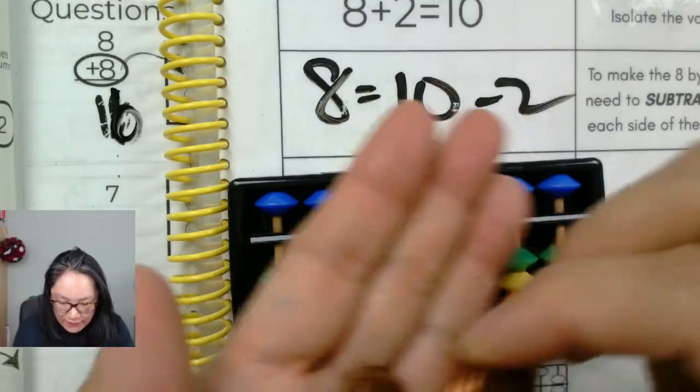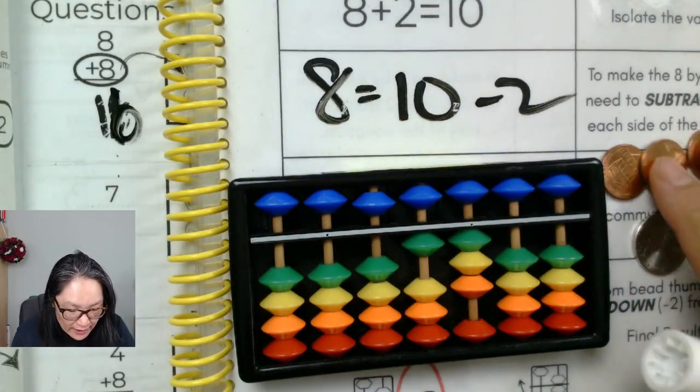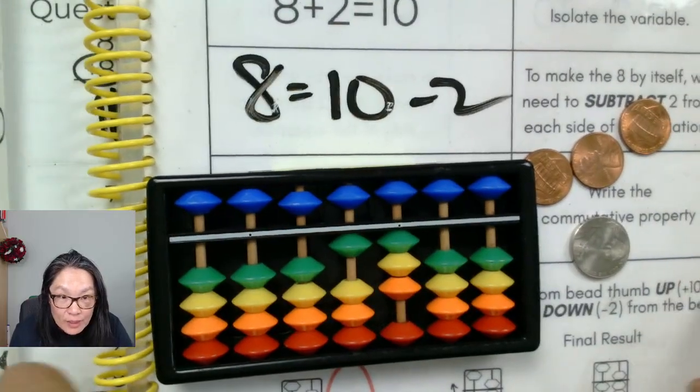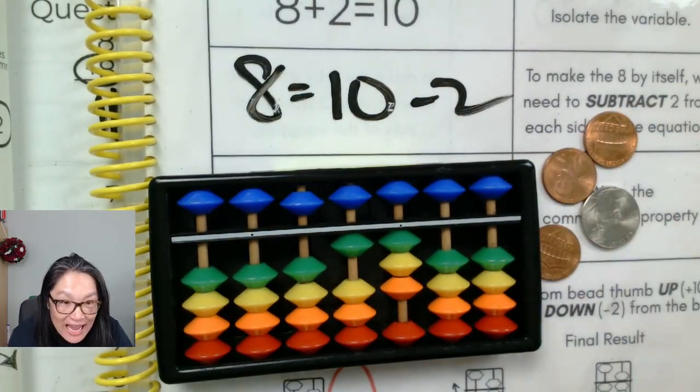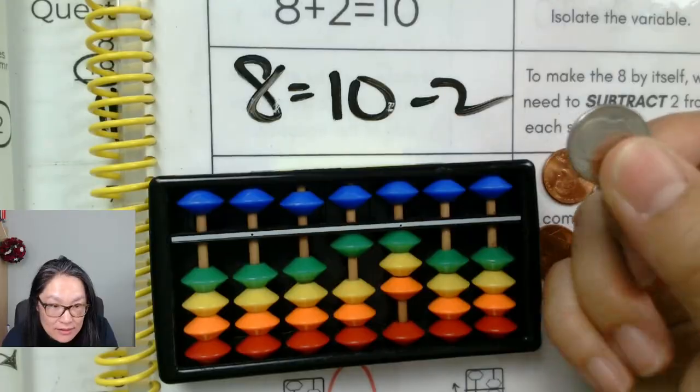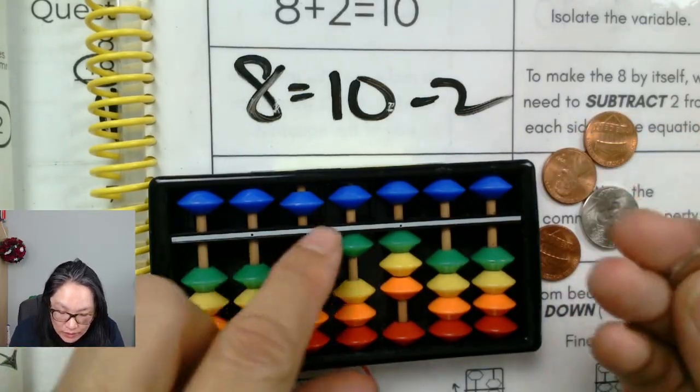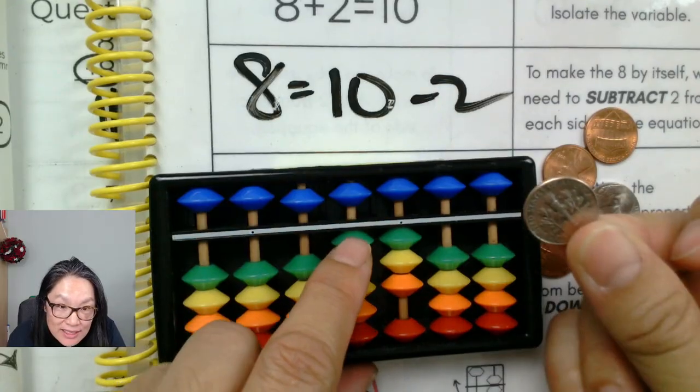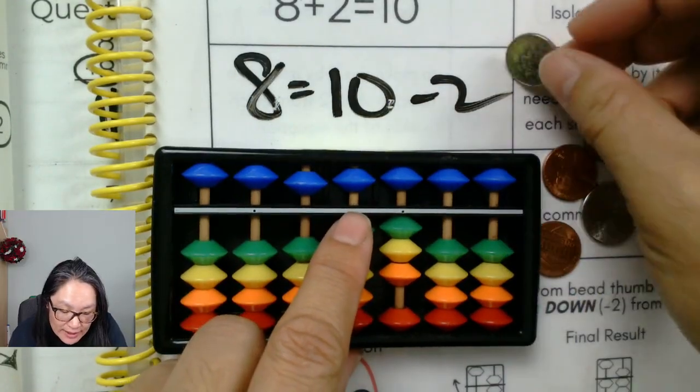But notice, do I have enough? 8. Oh, I have enough. Right? I have this much. I have 8. I want to add another 8, but I only have 10 cents. So what do I do? I add the 10, but giving you 10 cents is too much. I need to take away 2.